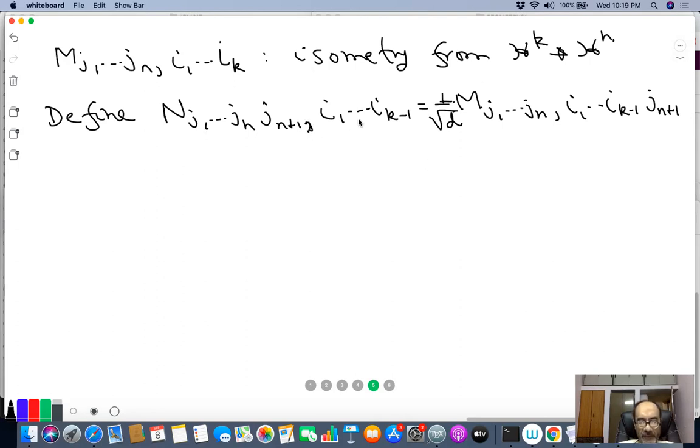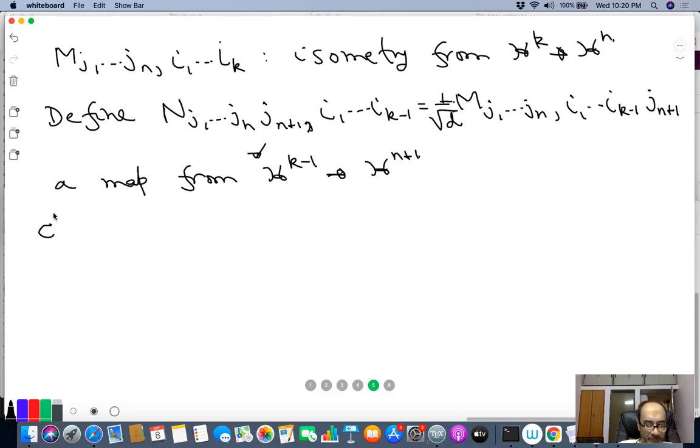So this one defines a map from H to the k minus 1 to H to the n plus 1. Because you reduce the number of input indices by 1 and increase the number of output indices by 1. But as a number, this is exactly this. You construct this in terms of the original isometry M.